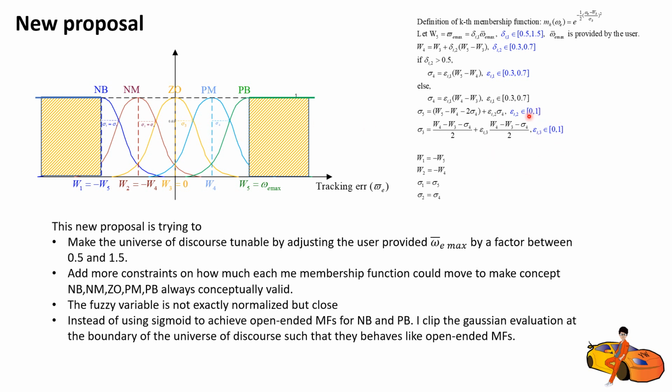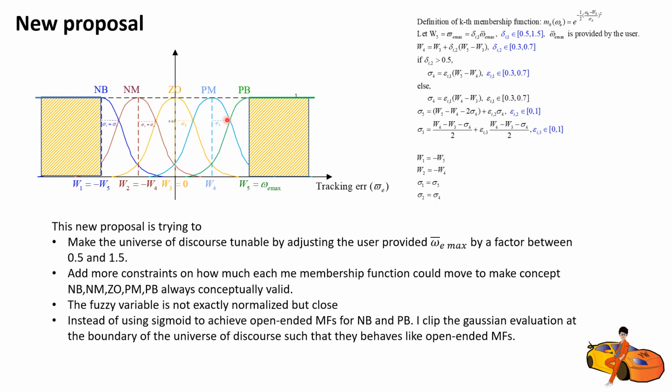So if this is 1, what I try to achieve is sigma 5 plus sigma 4 is equal to the distance between omega 5 and omega 4. In that case, it just guarantees that basically the omega 5 is not too large or too small.